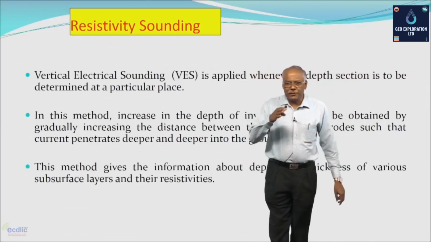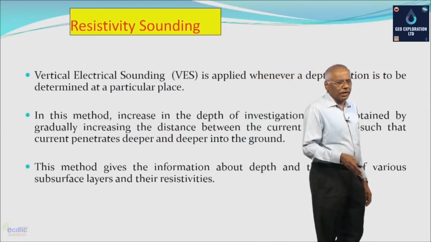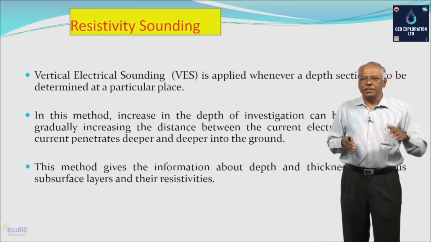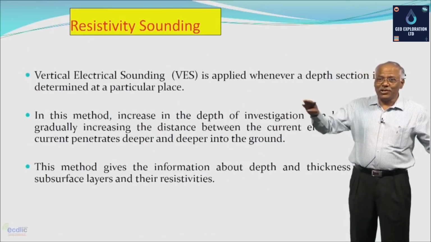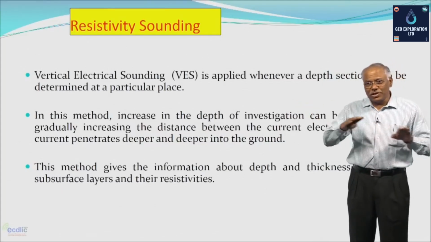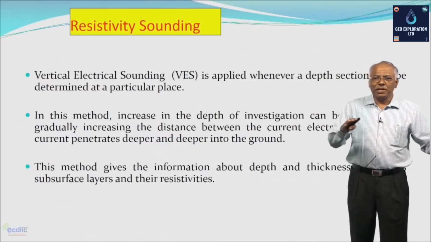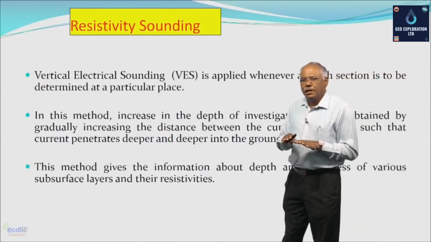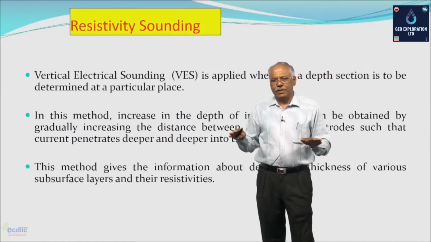Here, from the surface down to the desired depth, we find out the resistivity variations vertically and not horizontally. In profiling, horizontally at a constant depth, we make measurements of the electrical resistivity, which is apparent resistivity.